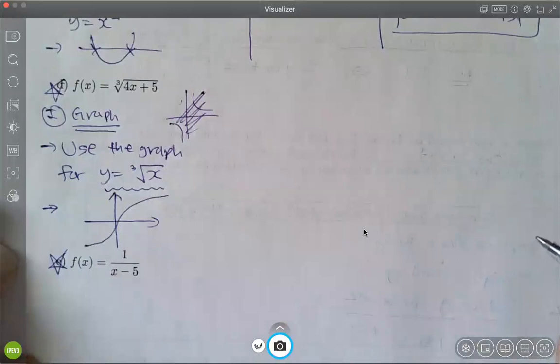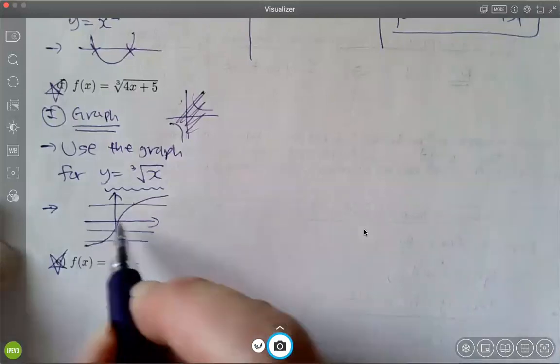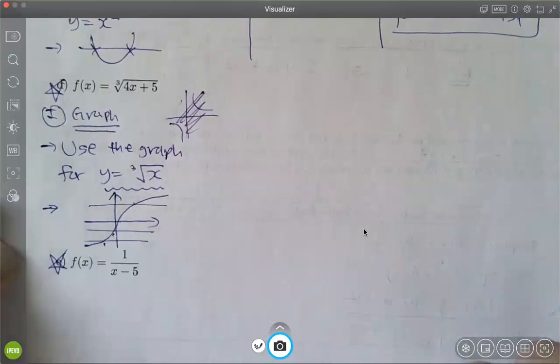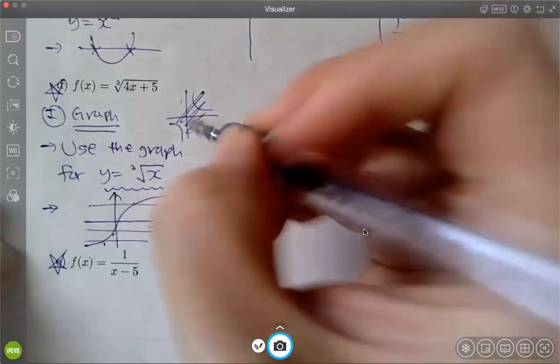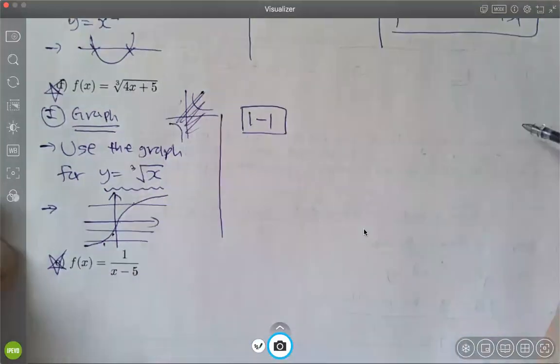Okay, so now, is this one-to-one? Yes, right, because if you draw any horizontal line, it passes the graph at exactly 1 point. So it is one-to-one. Okay, so now what does that mean?